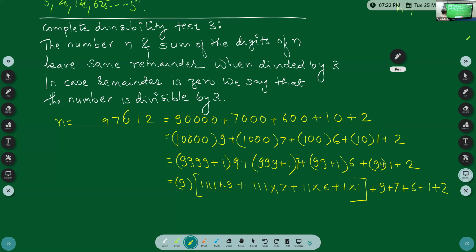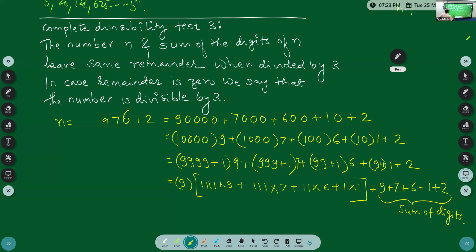Okay, so now practically we have broken the given number into a big number multiplied by 9, and then what we are looking for, 9 plus 7 plus 6 plus 1 plus 2, is the sum of the digits. So this is one number which is the sum of the digits. And this is a big number out of the given number, but there is a 9 sitting outside, therefore this big number is divisible by 3.